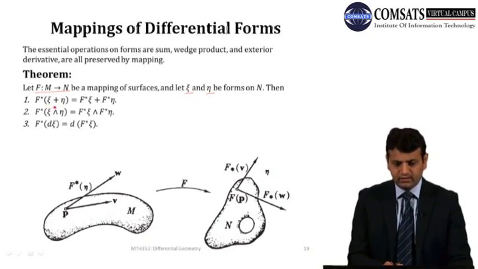Then the pullback of xi plus eta is equal to the sum of the pullback of xi and pullback of eta. And similarly, the pullback of the wedge product of xi and eta is equal to the wedge product of the pullbacks of xi and eta. And similarly, the pullback of the exterior derivative of this differential form is equal to the exterior derivative of the pullback of the differential form.